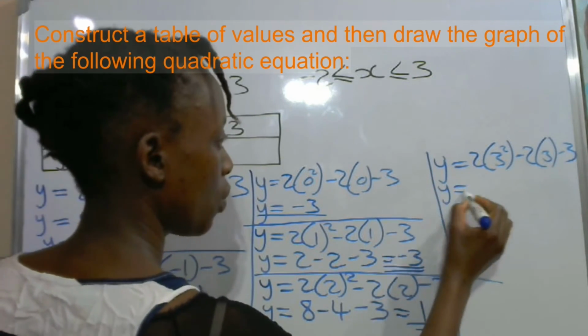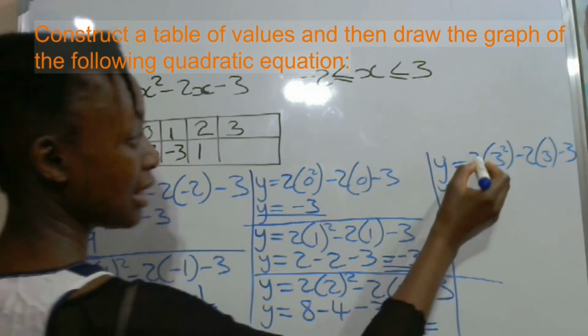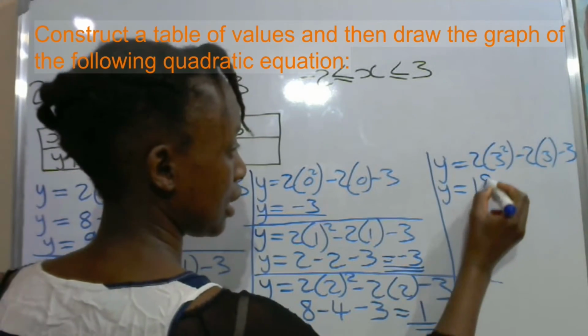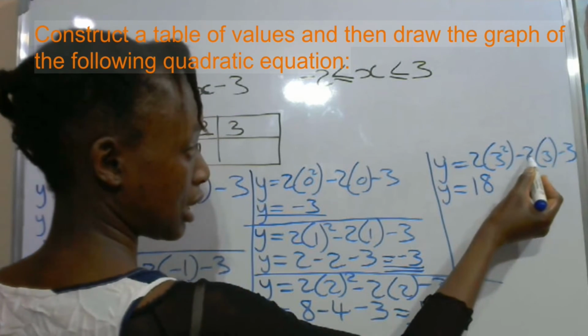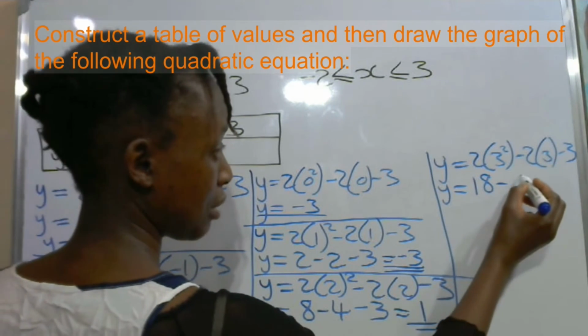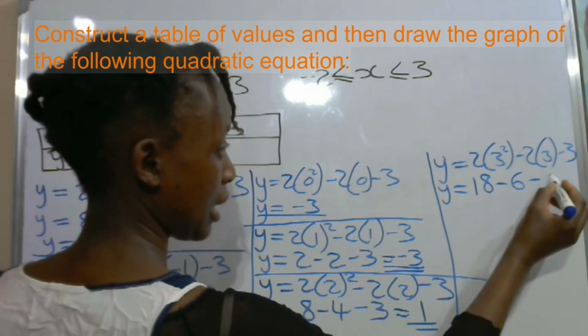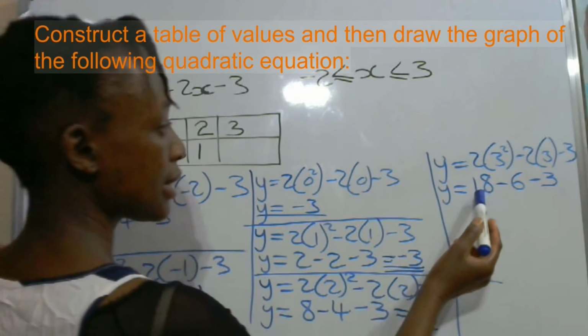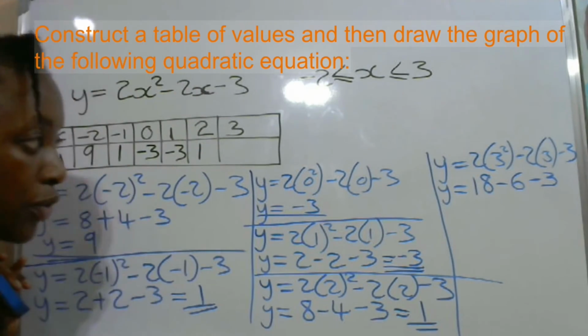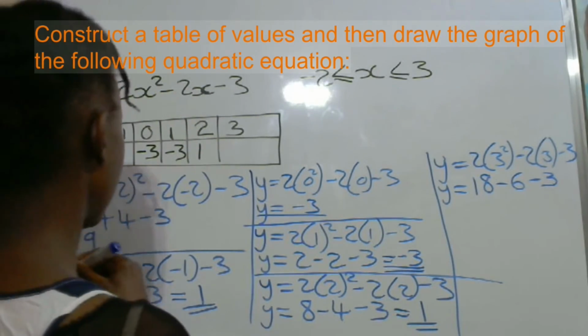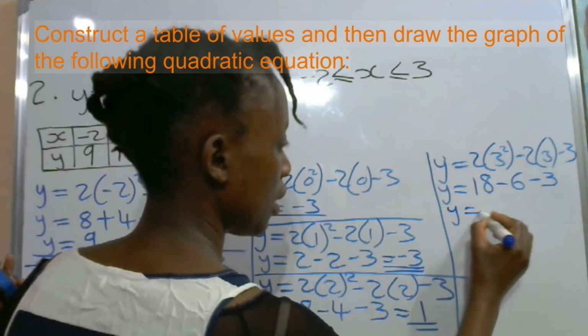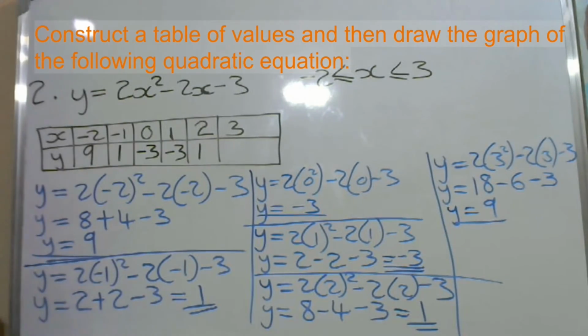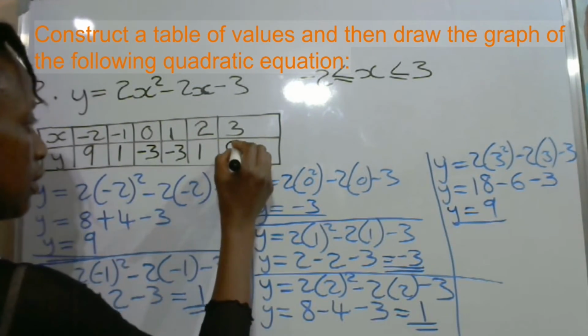So our y will be equal to 3 squared, it's 9. 9 times 2, it's 18. 18, negative 2 times 3, so it will be 18 minus 6 minus 3. So 18 minus 6, it's 12. 12 minus 3, we get our positive 9. So we get our 9 there.